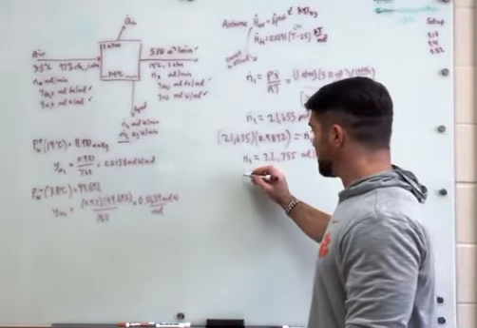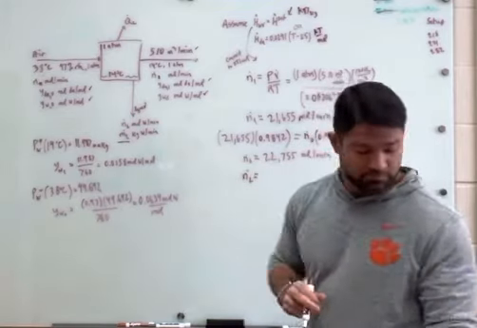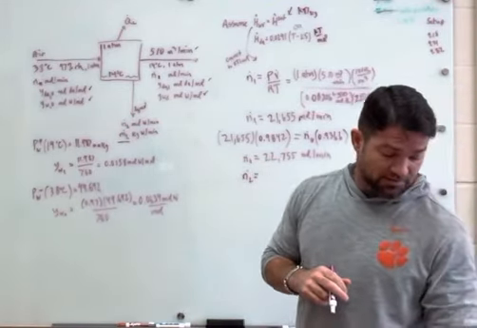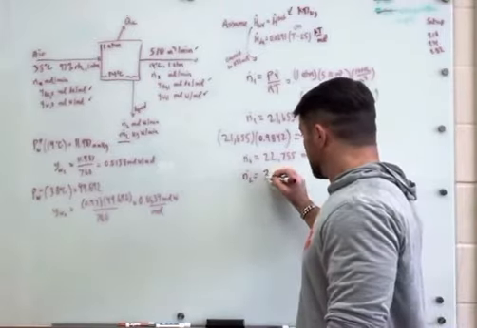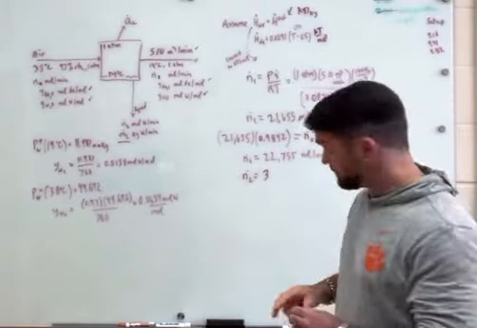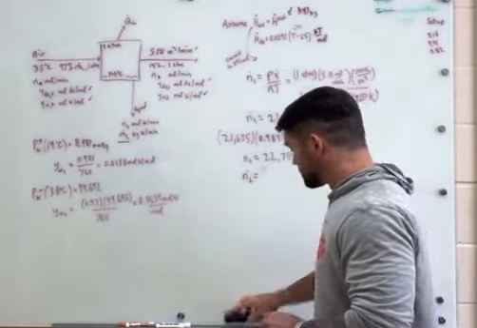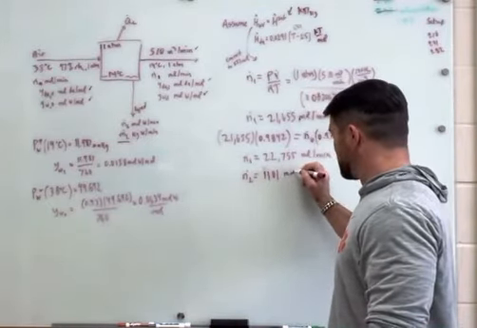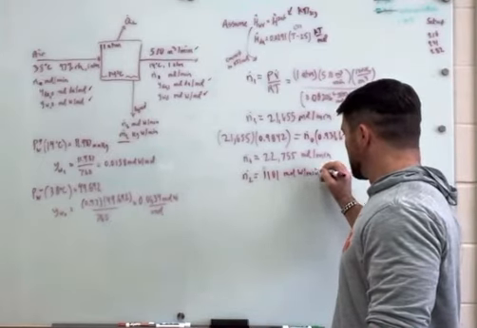You can put those numbers in and work through that, and what you'll see is that the moles of liquid coming out are 1101 moles water per minute.